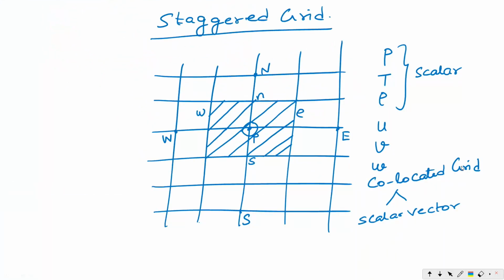So now the idea is that we are trying to store the scalars, namely the pressure, temperature, density, as well as the velocity components, namely U, V and W, in the center of the cell. Now I am going to take an arrangement called the checkerboard arrangement.